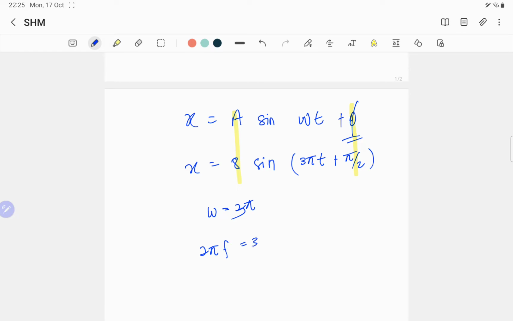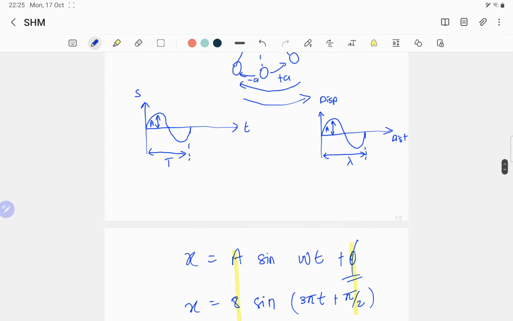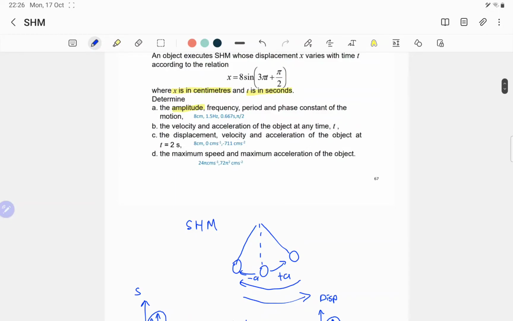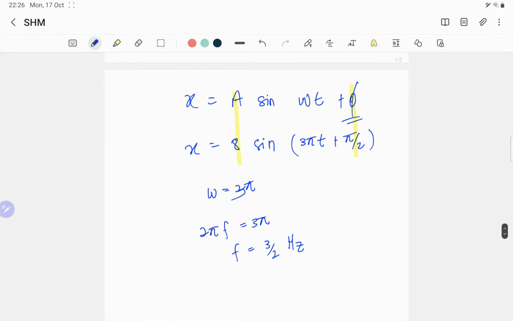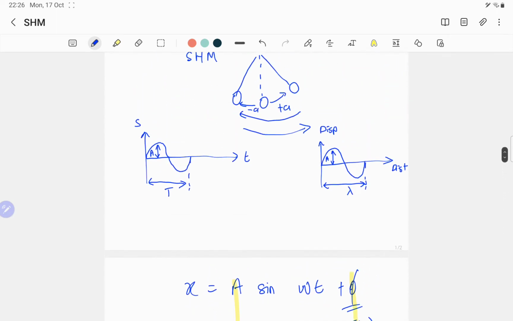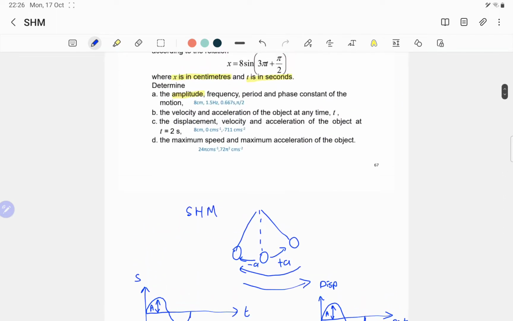So 2 pi f is equivalent to 3 pi, therefore frequency will be equivalent to 3 over 2 hertz, which is 1.5. Once you have frequency, you can determine the period, where period is equivalent to 1 over f. Done with question A.